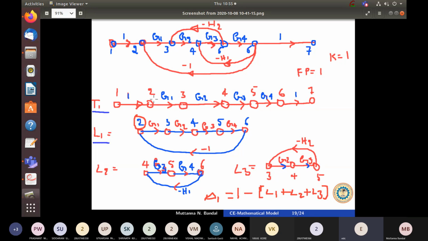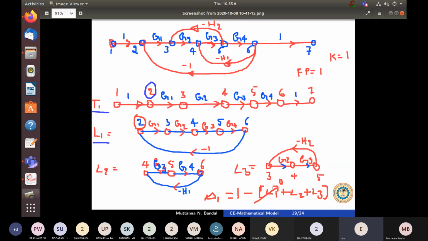This point is occurring in both the things. It is there in the forward path as well as in loop 1. In the sense, loop 1 is touching the forward path. So then I have to take that as a 0 if it is touching. If it is not touching, I should take the value of L1.